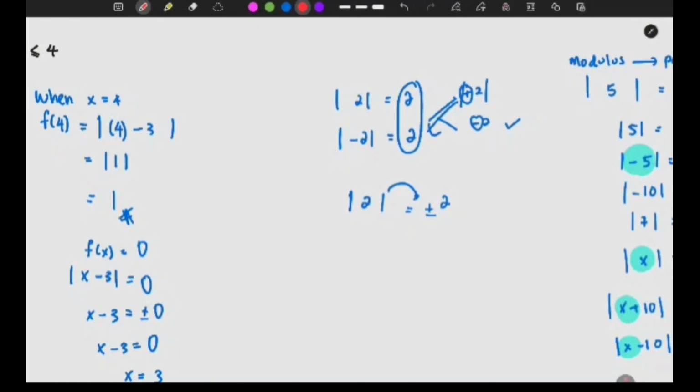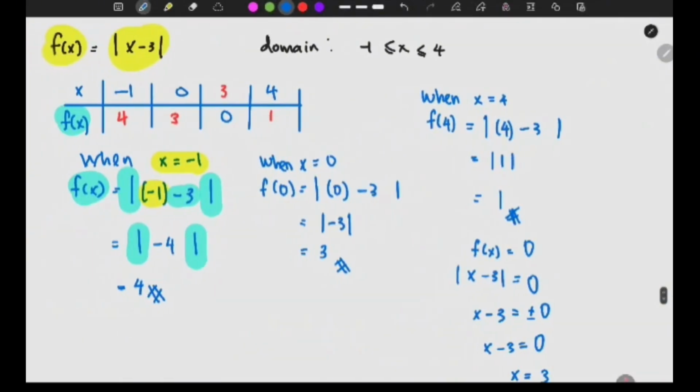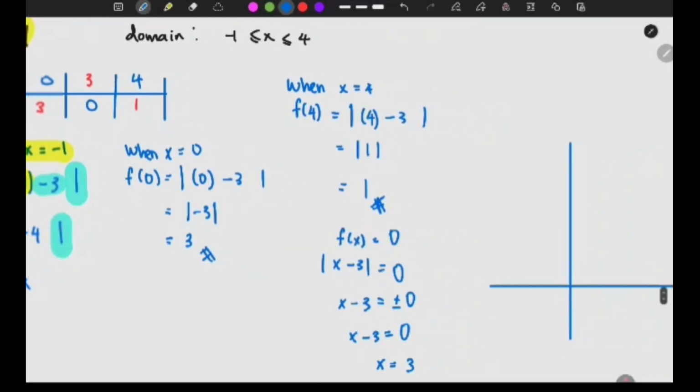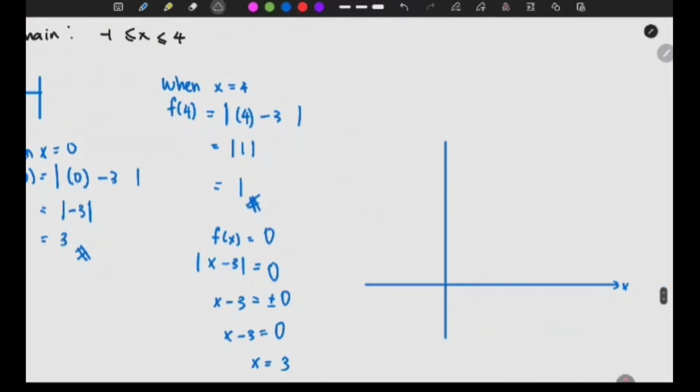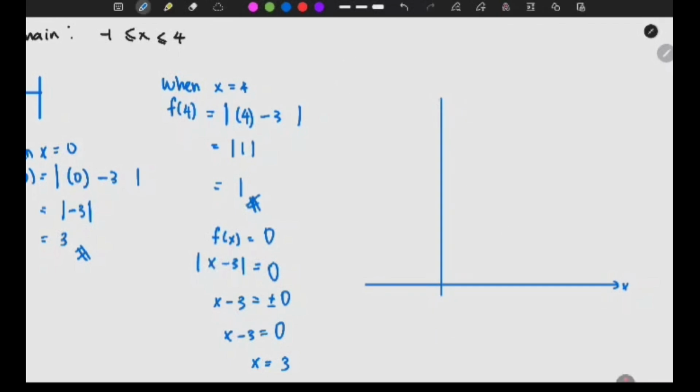So now let's sketch the graph. Sketching the graph is no different at all. So f(x), label the axis, and then do the range -1, 4.